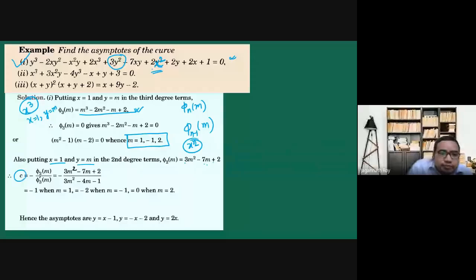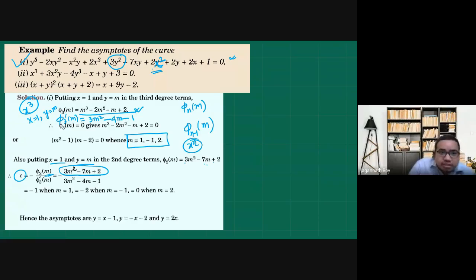C is minus of phi 2 of m. Phi 2 of m, we will write this one as it is. And phi 3 of m, we will differentiate it. So this is 3m square minus 4m minus 1.